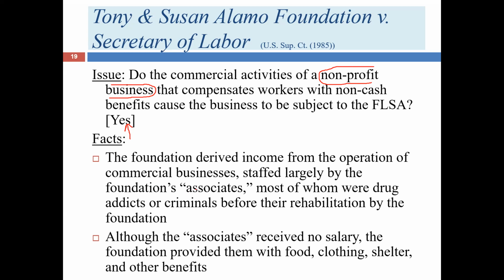Now, before I tell you the rest of the story, it is fairly common in certain industries for people to be called associates. For example, in a law firm, attorneys who are not yet partners but are on partnership track are called associates. Legally, they're employees, but from a terminology perspective, they're called associates.